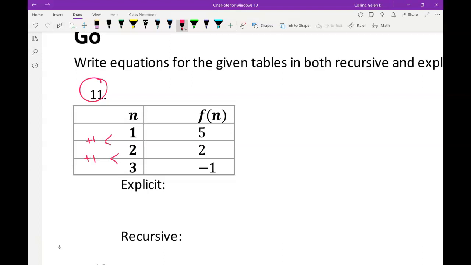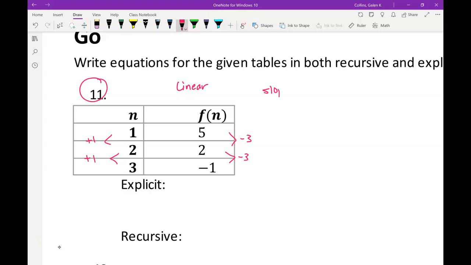So I know I'm looking for either an addition or multiplication pattern, and I'm going to check addition first. From 5 to 2, I would be decreasing by 3, and then 2 minus 3 is also -1. So I know that this is a linear function because I'm observing an arithmetic sequence, because I see that I'm adding -3 or subtracting 3 each time.